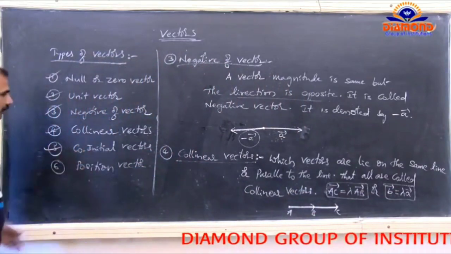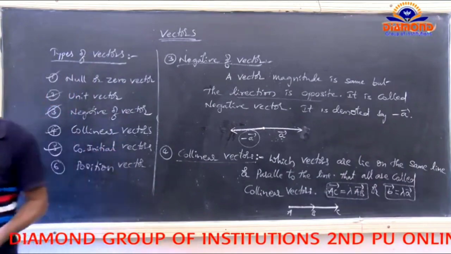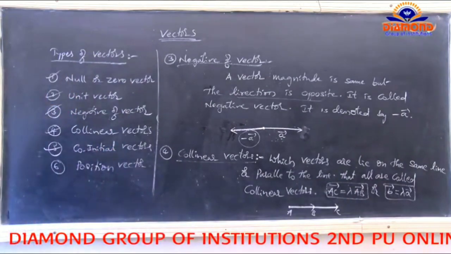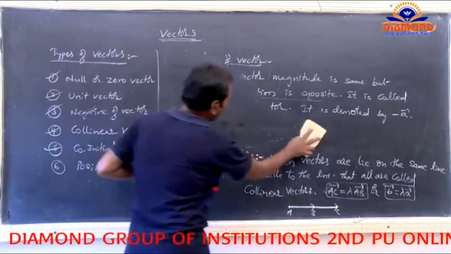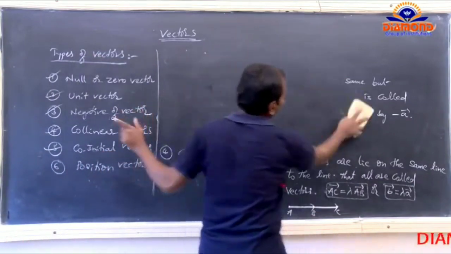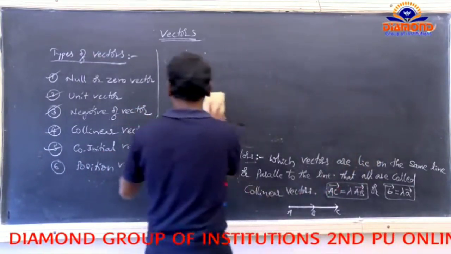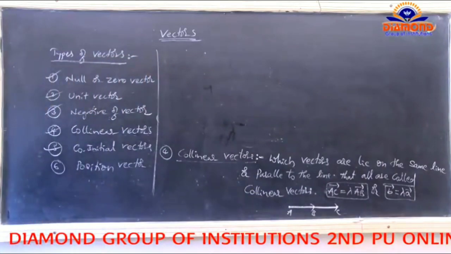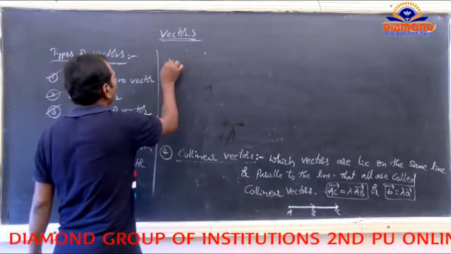Afterwards, co-initial vectors. Next, co-initial vectors means simple.